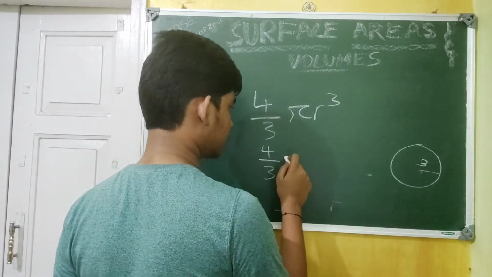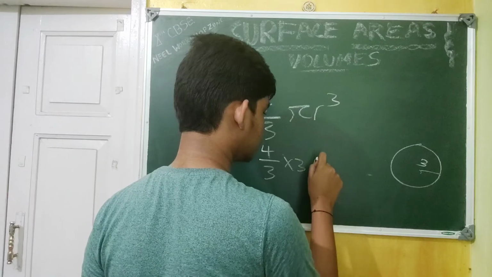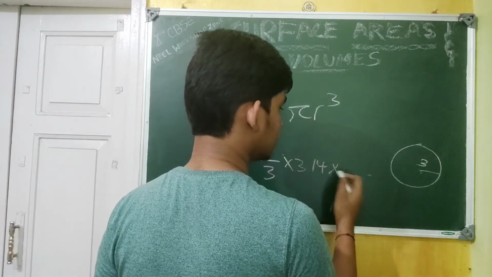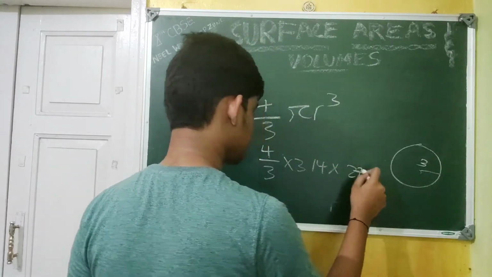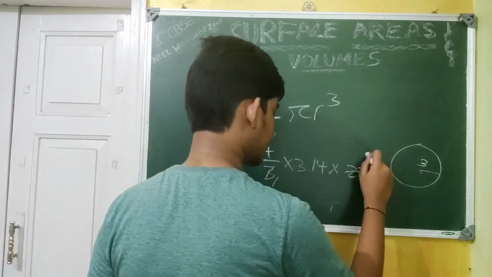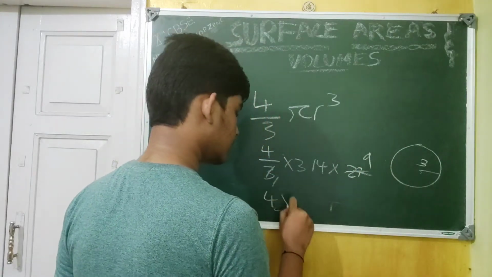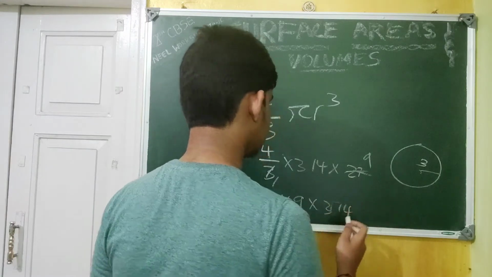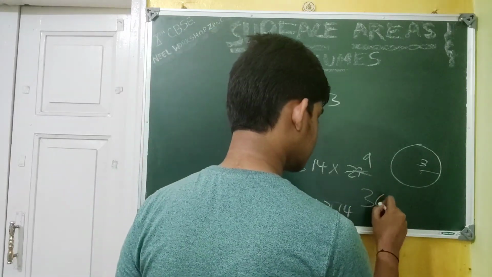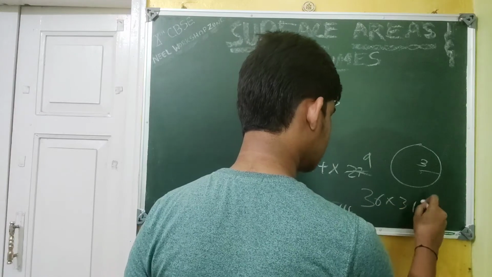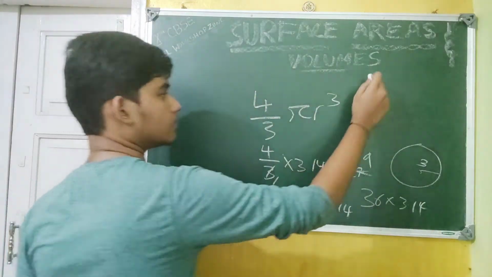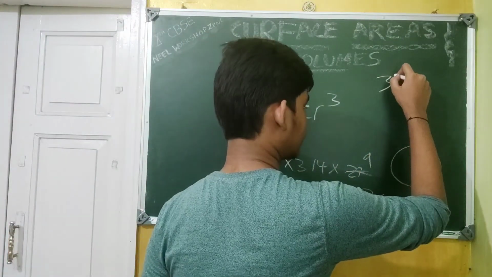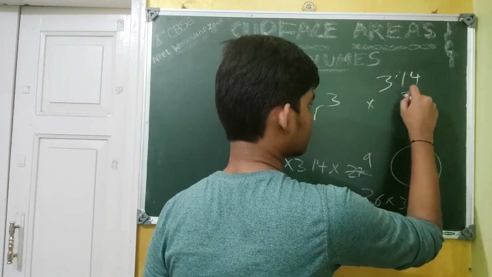So 4 by 3 into 3.14 into 27. 3 ones are 3, 3 nines are 27, so 4 into 9 into 3.14. 9 fours are 36, so 36 into 3.14. Let me do the calculation over here.